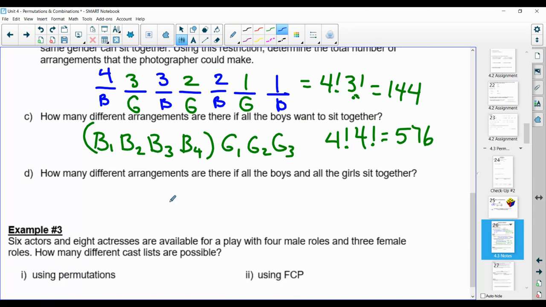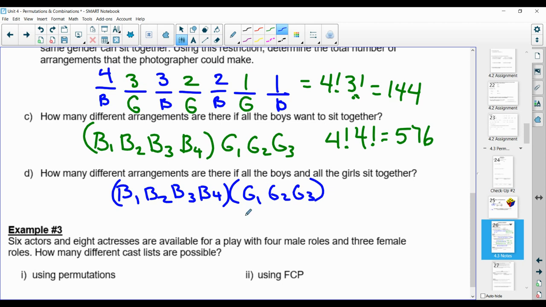Now the next question is how many different arrangements are there if all the boys and all the girls sit together? That means we're going to have a group of boys and a group of girls, so ultimately 2 groups.